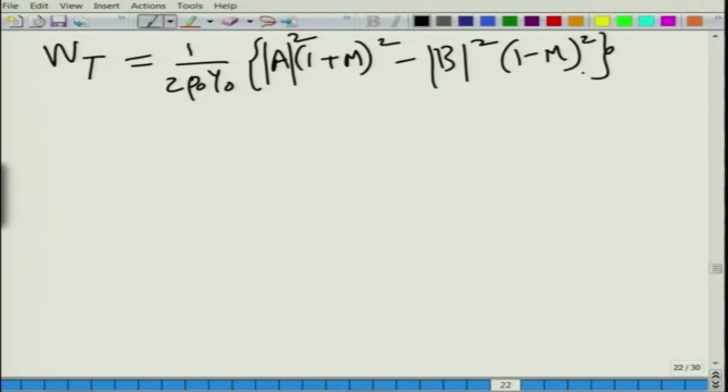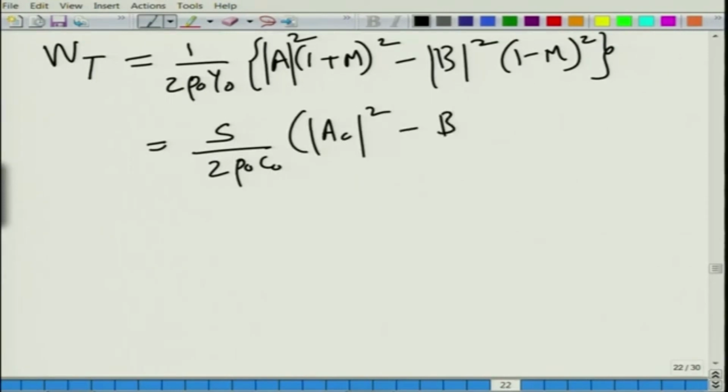We can actually write it a little more cleanly, S divided by 2 rho naught C naught, something like this. Let us see how we interpret all these things and why it should be useful.